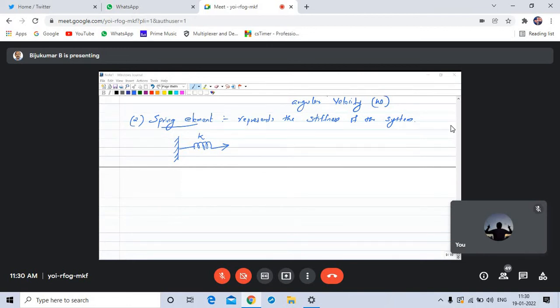So if you are applying a force f of t, similar to that, there will be a displacement x of t. So for the spring, it will be k times x of t. This will be the relation where k is called the spring constant or stiffness of the spring.